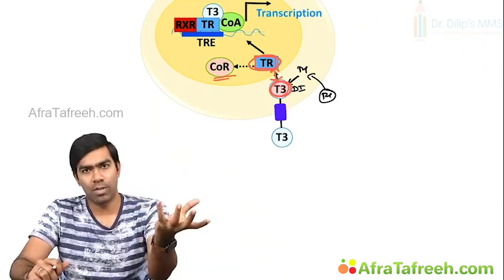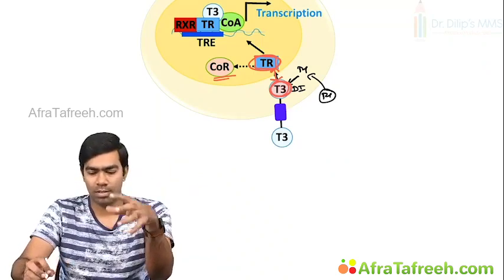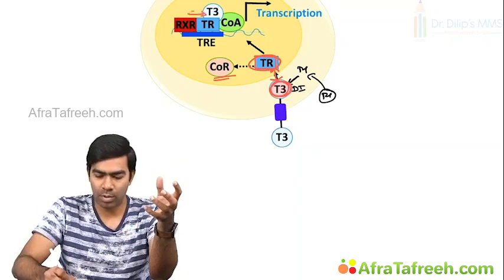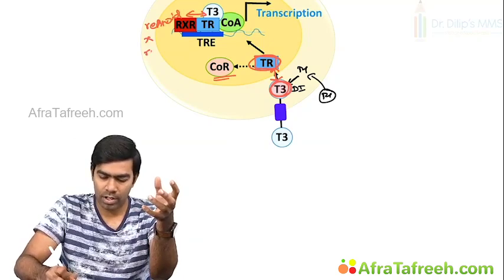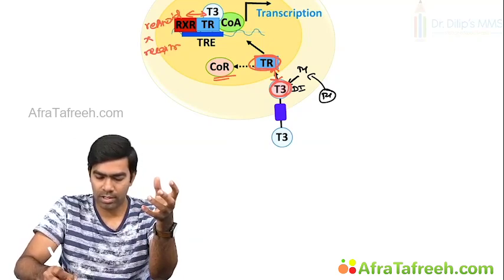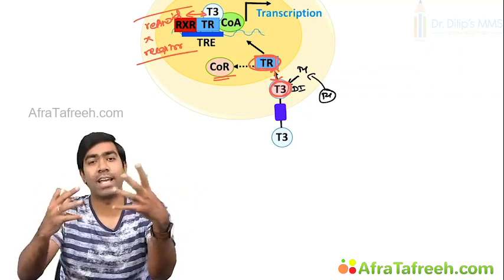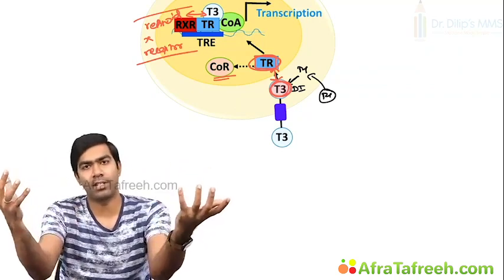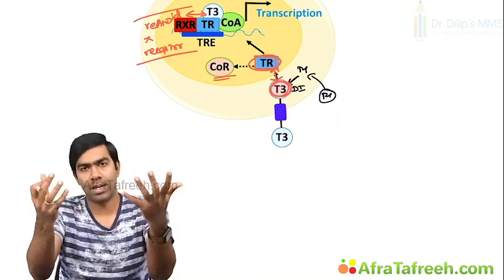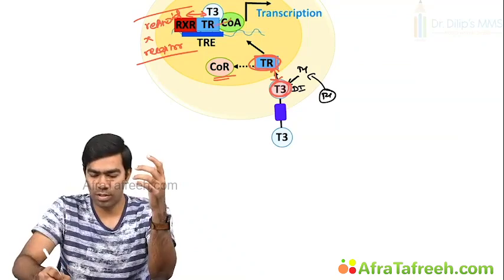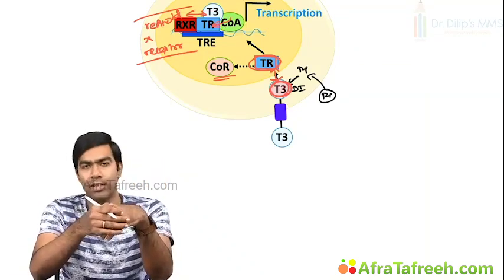Now, this thyroid hormone receptor and T3 complex will start recruiting another protein called retinoid X receptor. This is called retinoid X receptor, RXR, and they cause dimerization. I mean, there will be dimerization of this thyroid hormone receptor with retinoid X receptor. And once the dimerization is complete, they will also recruit another protein called a coactivator.